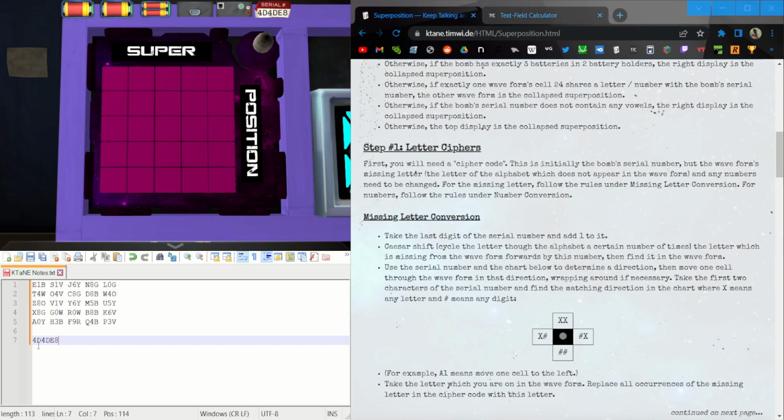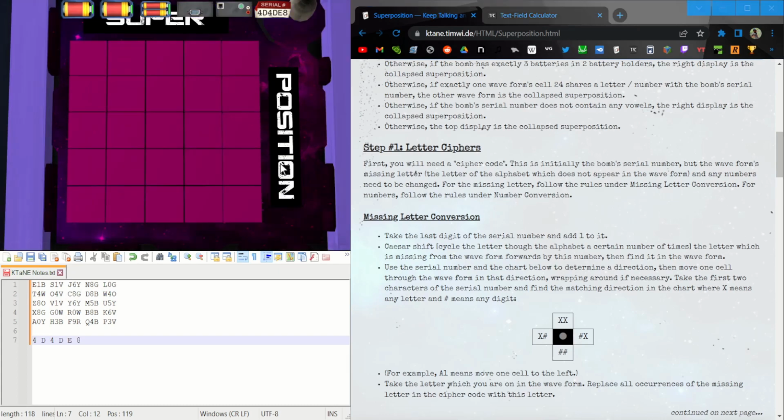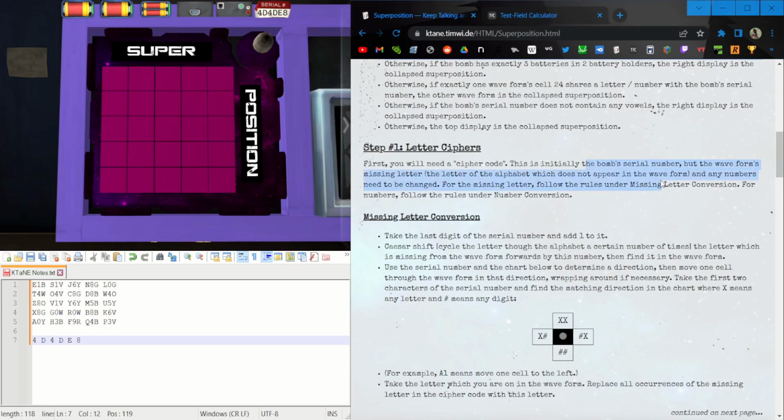Now, I'm going to split these up like this, just so they're easier to read and alter. Regardless, the first thing that this specifies is there's a missing letter.